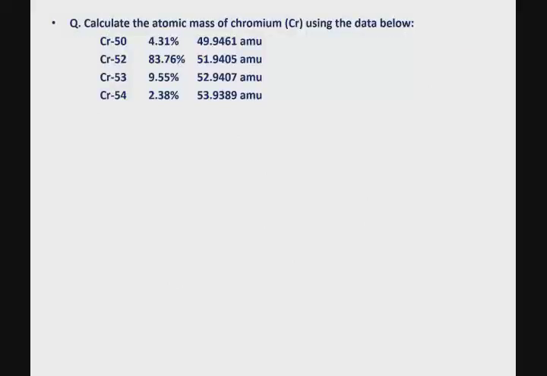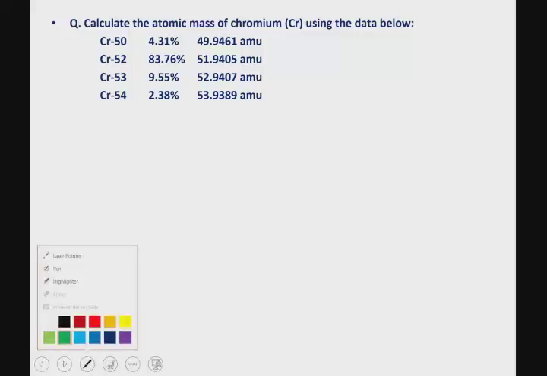Let's read this problem. It asks us to calculate the atomic mass of the element chromium using the data given below. Look at the data that we know. We know that there are 4 isotopes of chromium, so that's given to us.